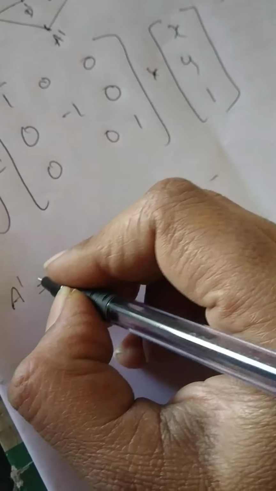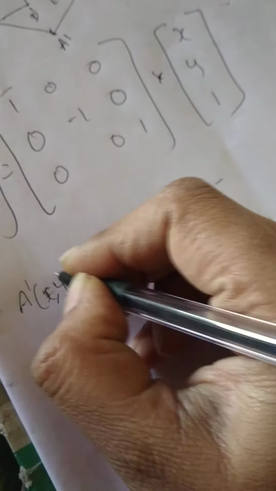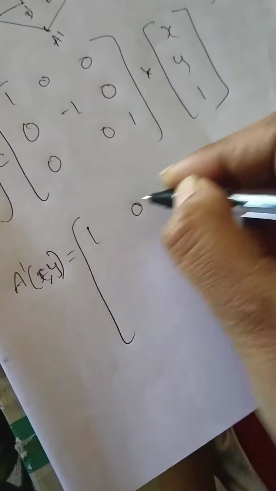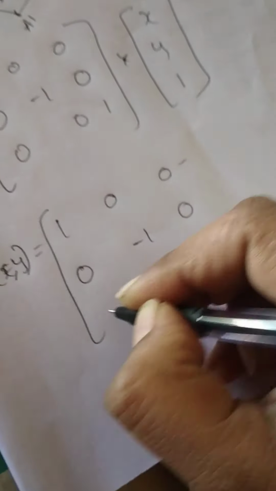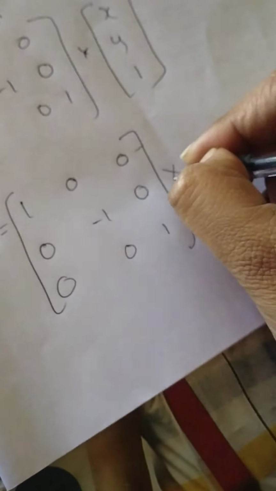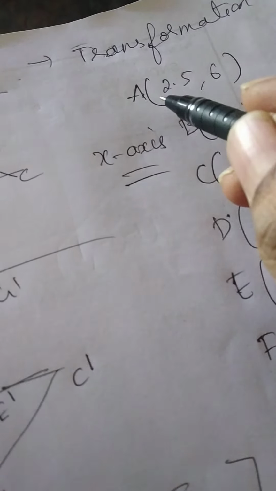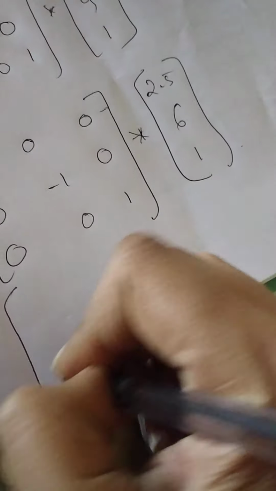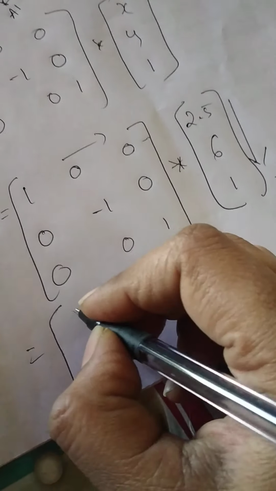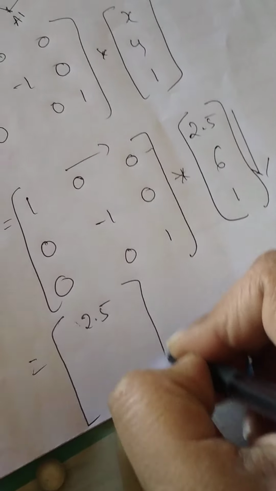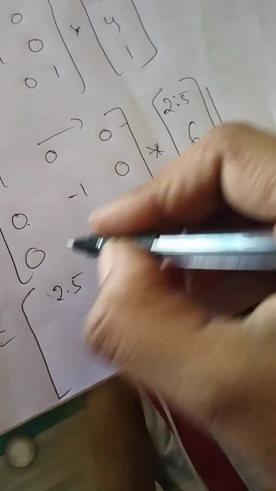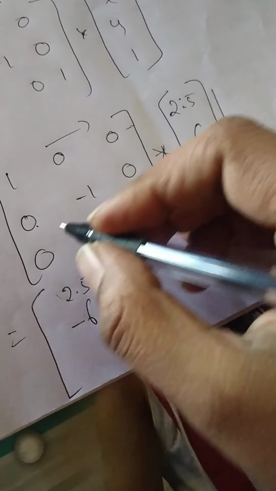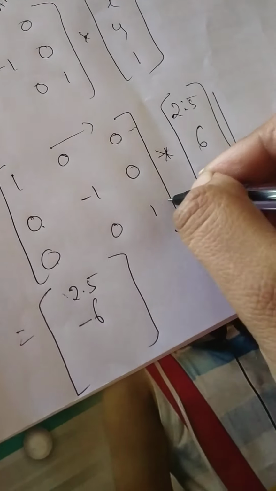You can take it as A dash of x comma y equals 1 0 0, 0 minus 1 0, 0 0 1. So what are the points of A? A is 2.5, 6, 1. If you multiply this in this way, you get 2.5, 0 into 2.5 plus minus 6 into 0, 0 0 and 1.